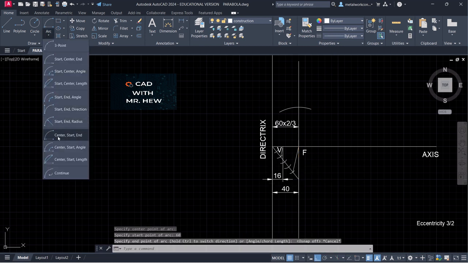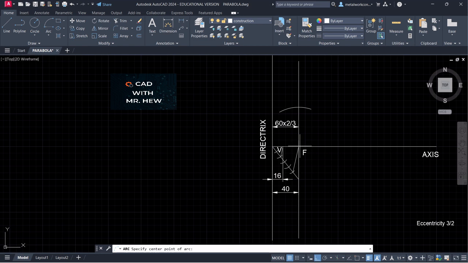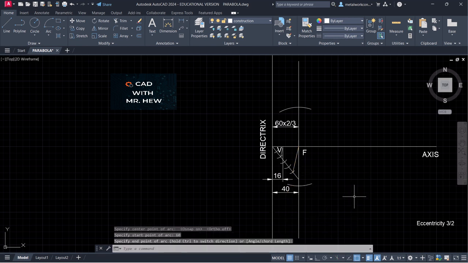We go arc, center, start, end. This distance is 60. Enter, and we mark it. So that will be the second point that we have plotted.